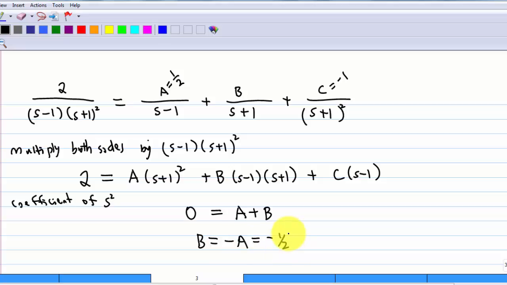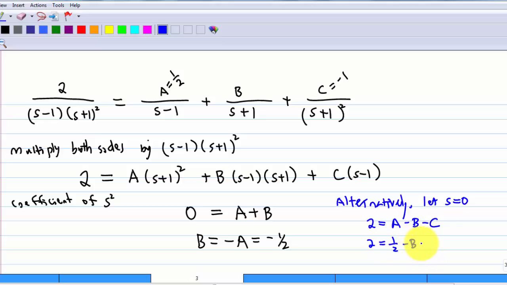Alternatively, you can also substitute s equal to 0. Then you get 2 equal to A minus B minus C. And you know that A is equal to half, C equal to minus 1.